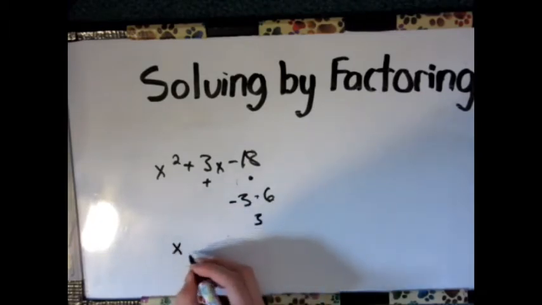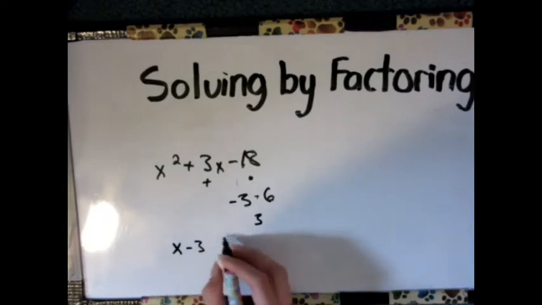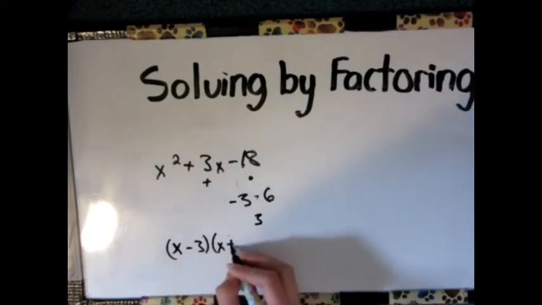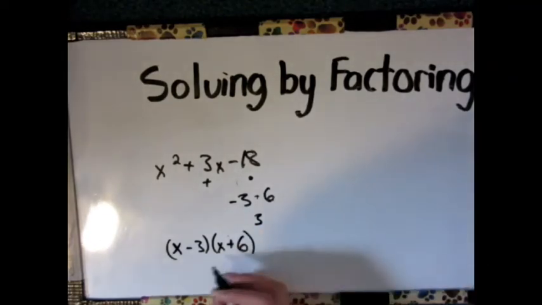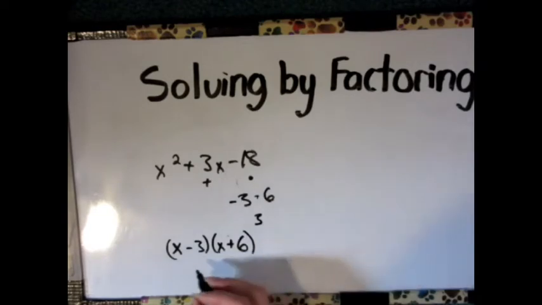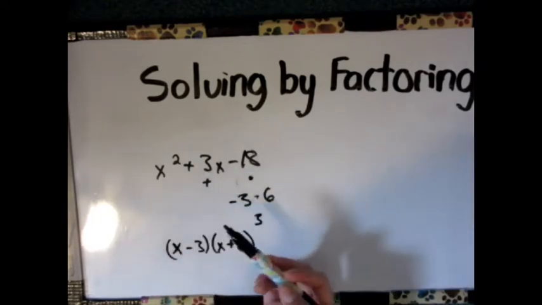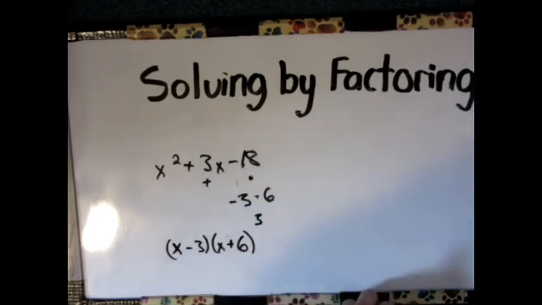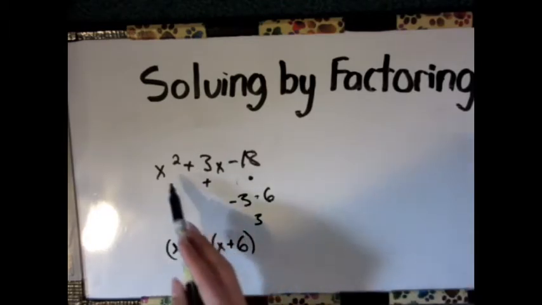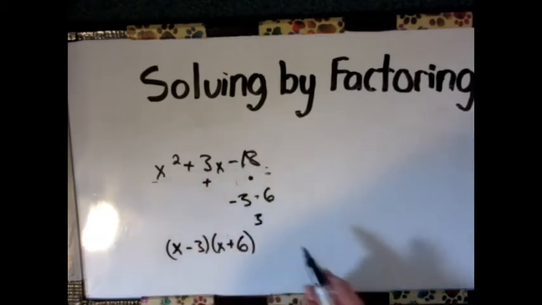So we want to write it as x minus 3 times x plus 6. Then if you want to guess and check, you can foil this out, and when you get the original, you'll know it's correct.